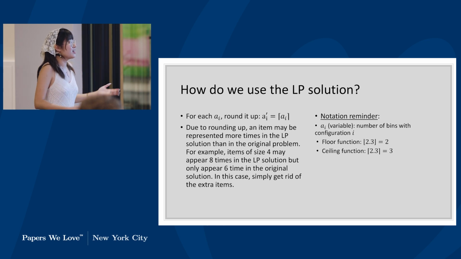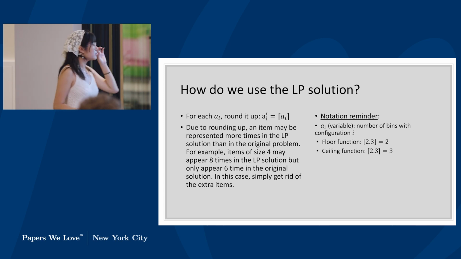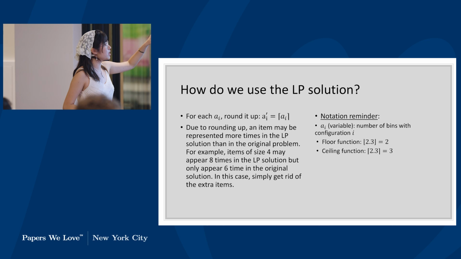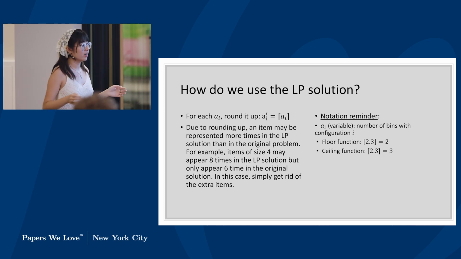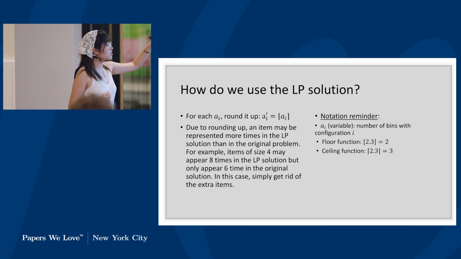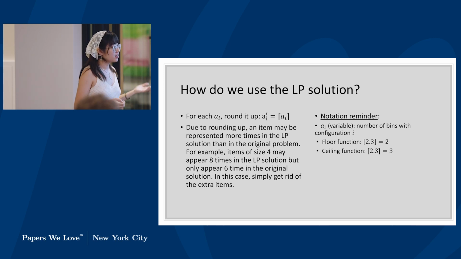You either use a bin or you don't. So what you do is you round up each a sub I to become a sub I prime. And there we see the ceiling function again. It just means rounding it up to the nearest integer. And then you can use these a sub I primes to construct your answer.